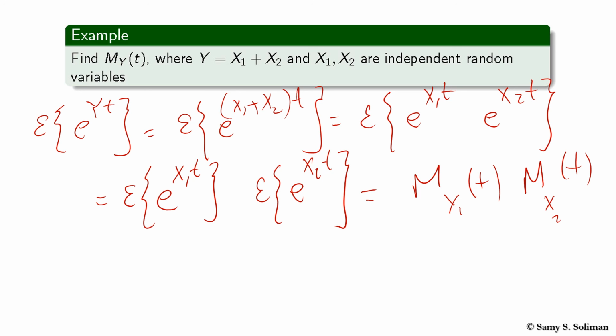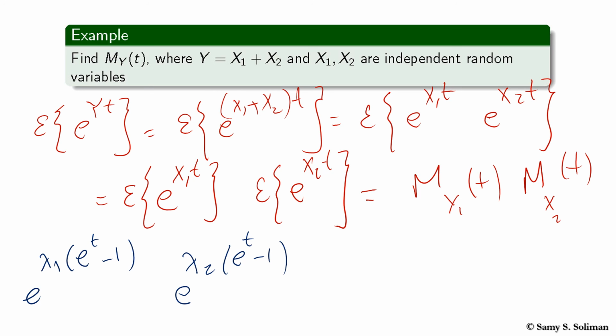If we apply this approach to the first problem that we solved, in the first problem we had x1 and x2 independent Poisson random variables, and x1 had a parameter lambda 1 and the other random variable had parameter lambda 2. If we obtain the moment generating function of the Poisson random variable, it is e power lambda (e power t minus 1). So for x1 that will be e power lambda 1 (e power t minus 1). For the other random variable x2 it will be e power lambda 2 (e power t minus 1).